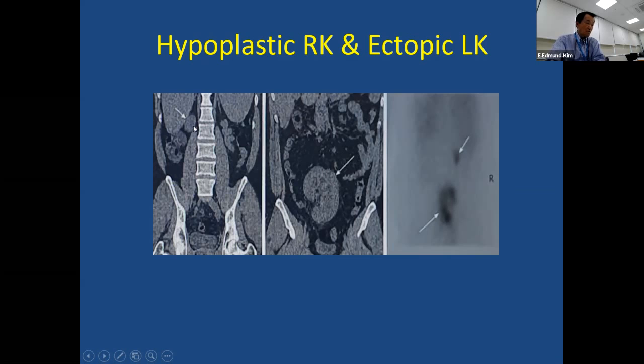So that's a hypoplastic congenital kidney. And this, oh my gosh, you can show on a nuclear medicine study. On the right, posteriorly, this is the liver, but the ectopic left kidney is down in the lower abdomen in the midline here.